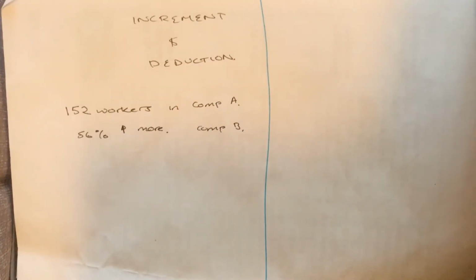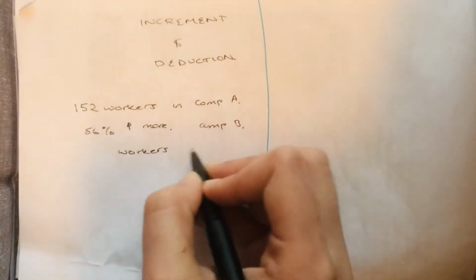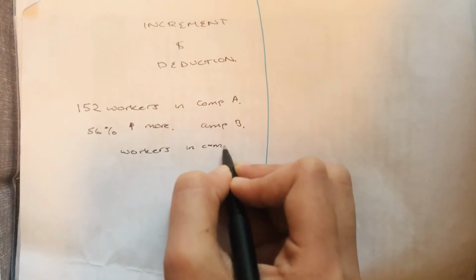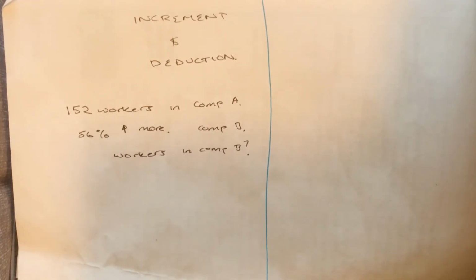Now calculate how many workers are there in company B. So that's the data that's been given, and you've been told to calculate the workers in company B. So that's an increment question. Whenever you see words like more or increase, they all mean increment.